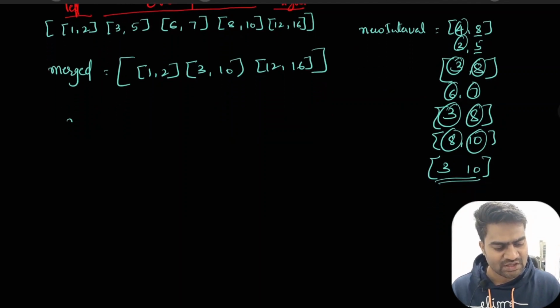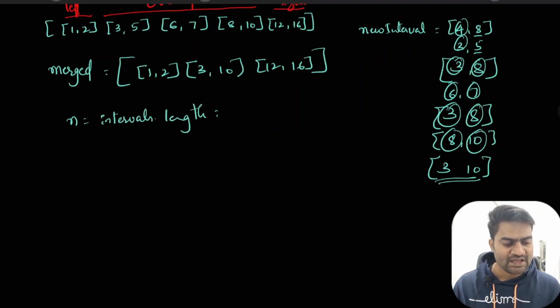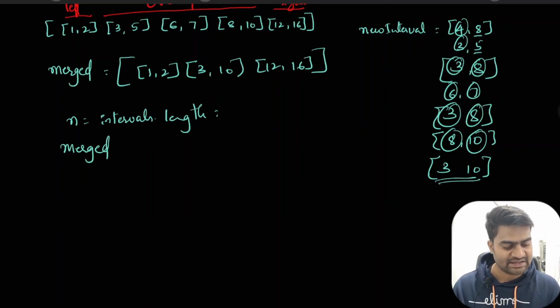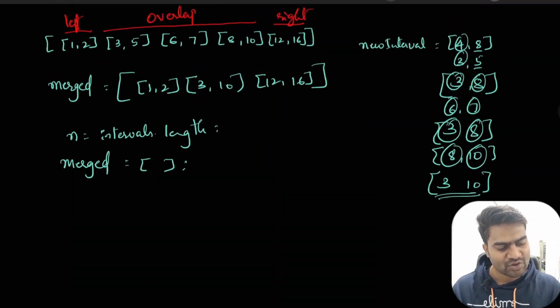Now, as usual, n will be our length of intervals, array dot length. Okay. Then after this, what we need is a merged array or array list, right? So I will take an empty merged array. Then I will take another variable. Why another variable? Because I want to process the values one by one.